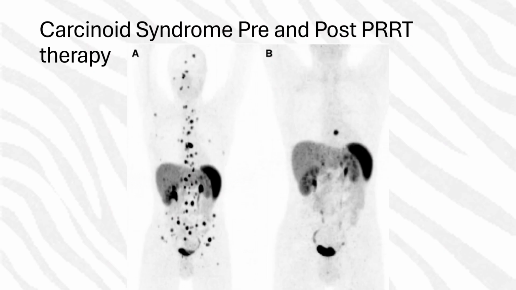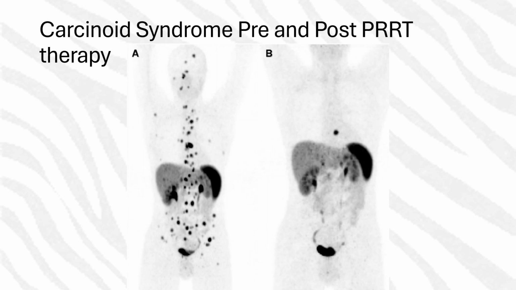And then the last one here, this is carcinoid syndrome pre and post therapy. So in image A, that person had carcinoid syndrome, and you can see all of the extensive increased uptake areas here in the head, the axilla, in the chest here, some in the liver, all through the abdominal cavity here.